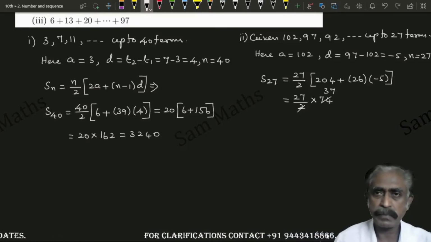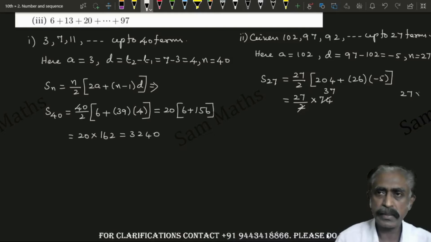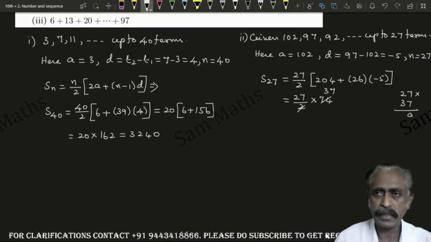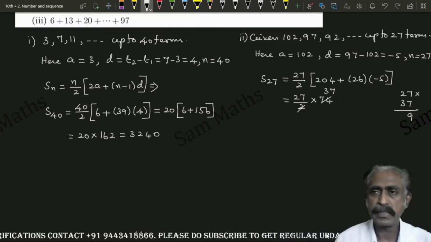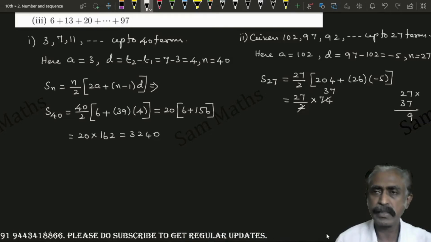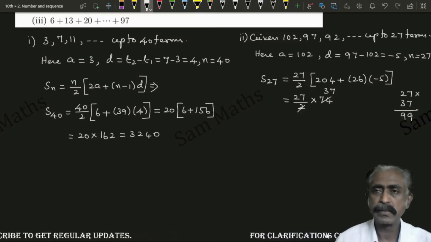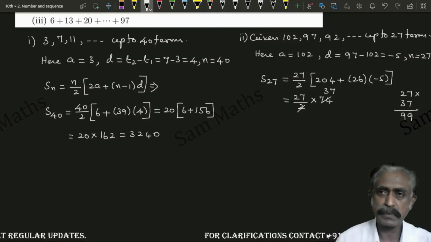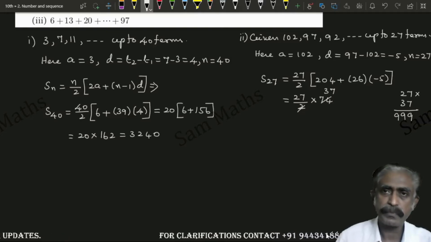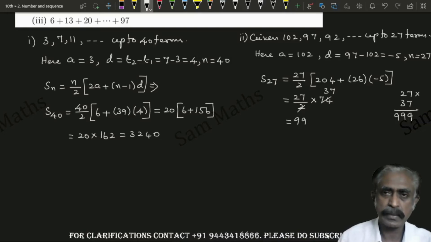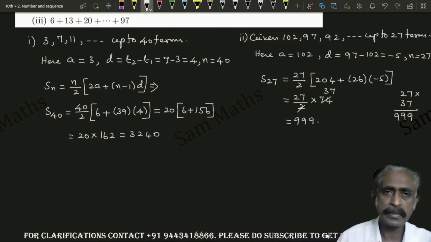Now we have to multiply 27 into 37. 7 sevens are 49, 4 balance, 7 twos and 3 sevens. 5 sevens are 35, 35 plus 4 is 39. 3 balance, 3 twos are 6, 6 plus 3 is 9. Therefore, this is equal to 999. This is the required answer.